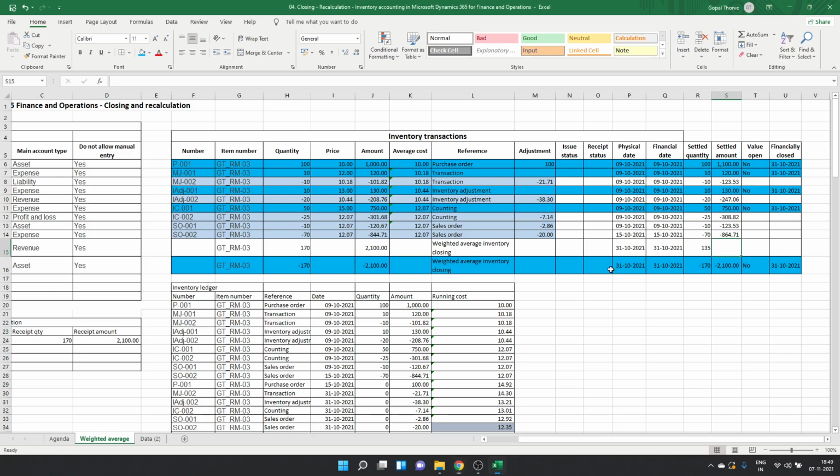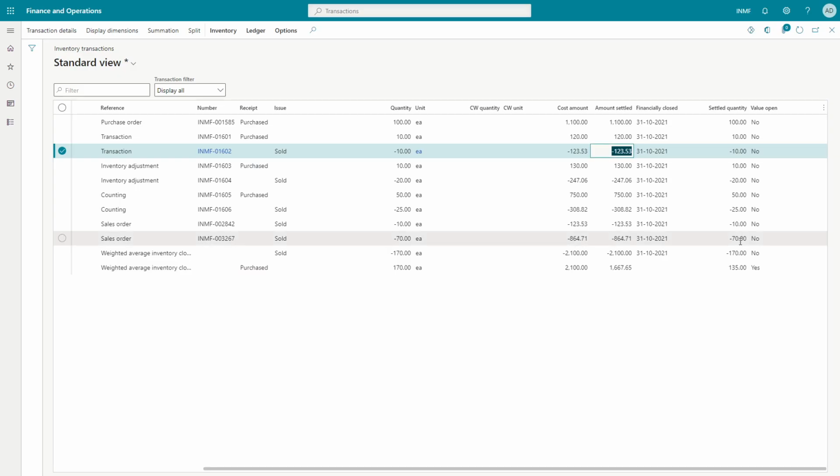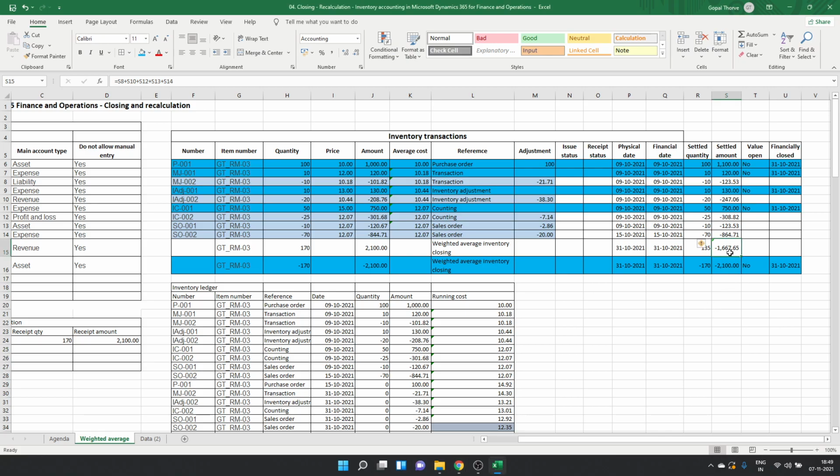Now in the last transaction, whatever issue is adjusted against this receipt is settled. 1667.65. So if you see here, 1667.65 is settled.